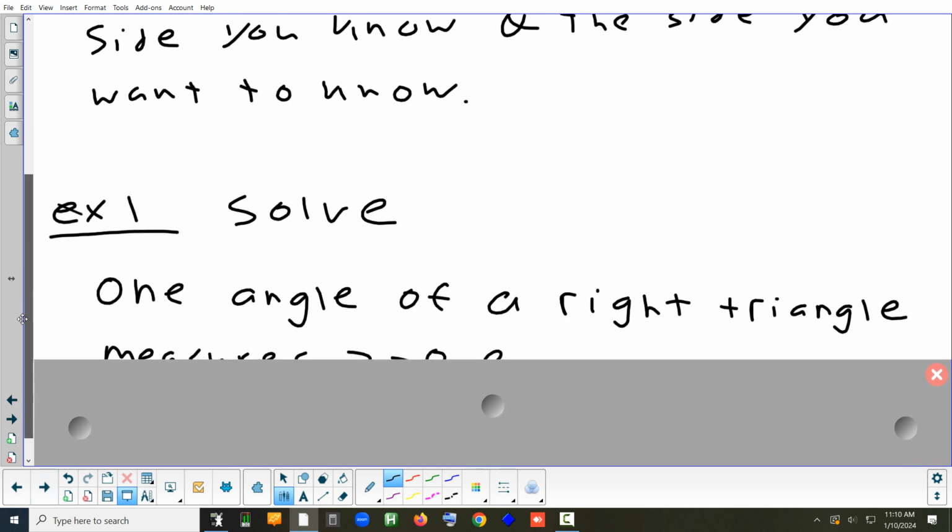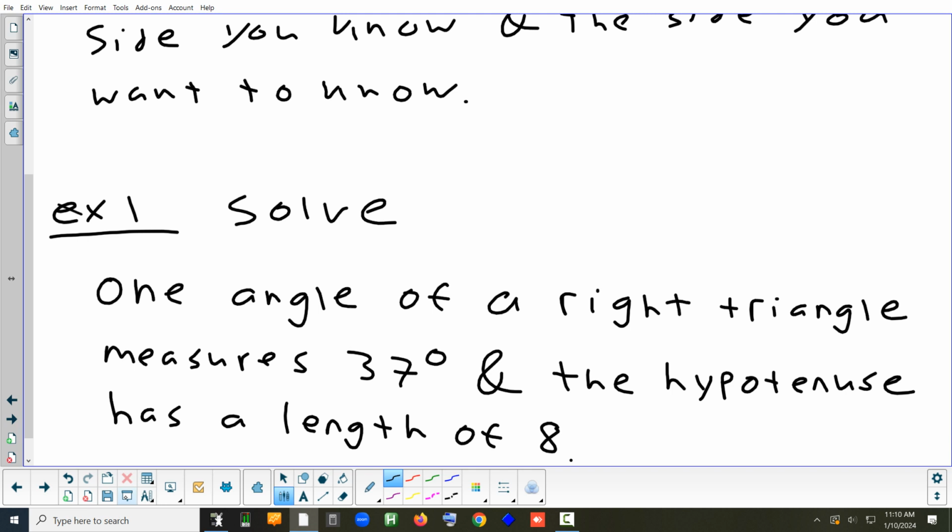Let's try an example. This says one angle in a right triangle is 37 degrees, and the hypotenuse is 8. Solve the triangle. In order to visualize what's opposite, what's adjacent, and all that, what do you think it is helpful to do every time we're solving a right triangle with all the information they give you?